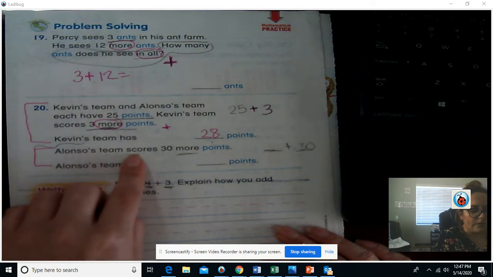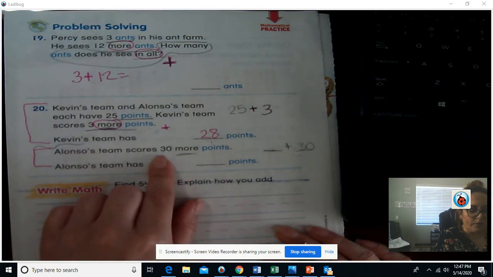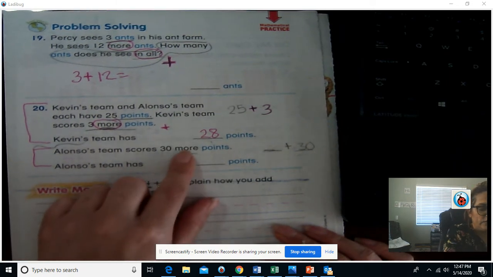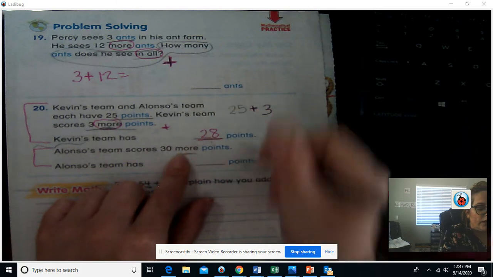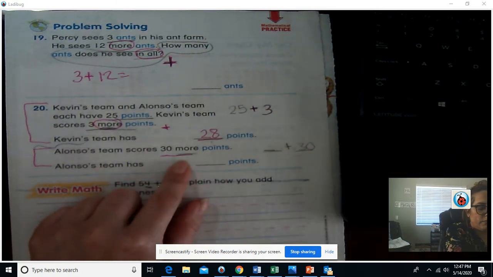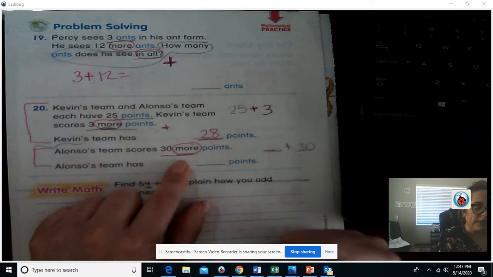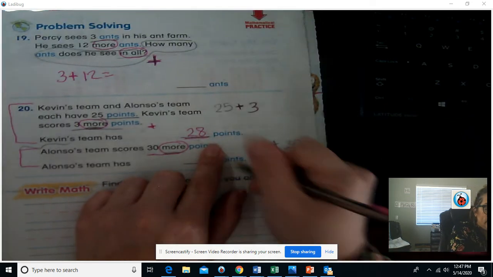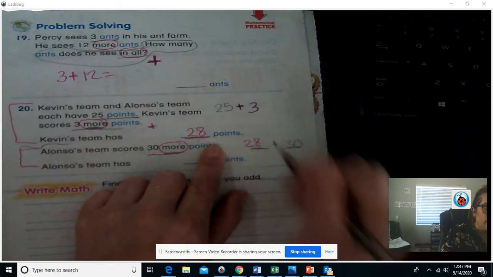Alonso's team scores 30 more points. So now Kevin's team has 28 points, but Alonso's team scores 30 more than that. Circle more because that means we're going to add again.